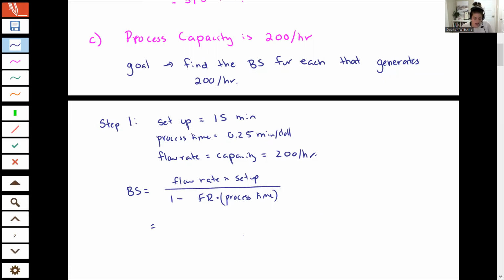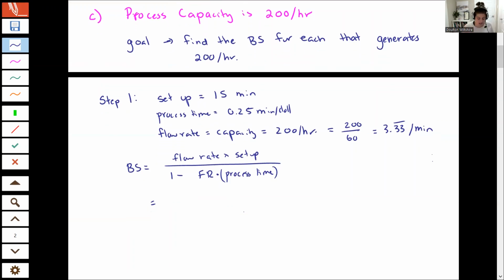The only thing here is that my setup time and my process time are both in minutes. And so my flow rate, which is 200 per hour, I'm going to divide that by 60. And I'm going to go back to that 3.33 repeating so that it's per minute. Okay, and I will actually put that in as 10 over 3 just to not mess up. If you can carry through that fraction, do that. So we need to produce 10 over 3.